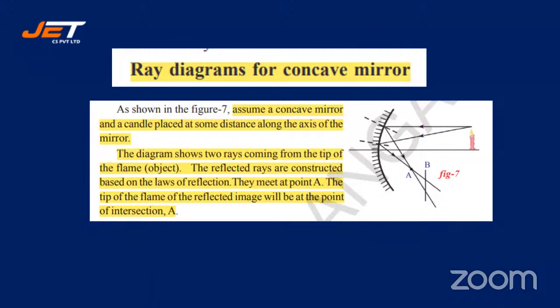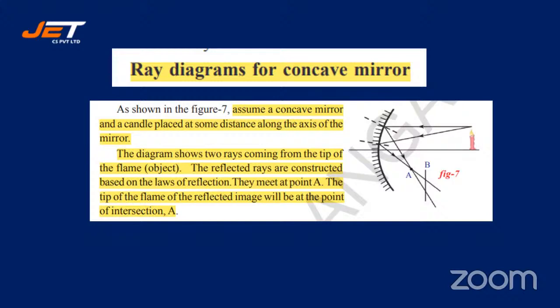Now let's look at the ray diagrams for concave and convex mirrors. Now, let us say you have got an object at a certain distance from the concave mirror. Let us trace the image. The rays over here, one ray we have chosen to be parallel to principal axis that passes through focus.